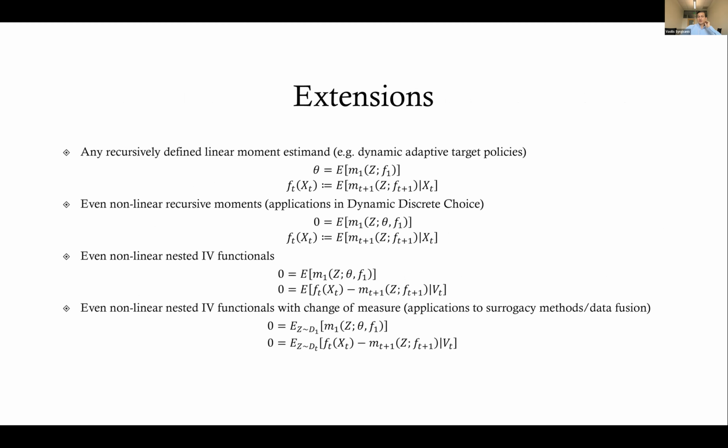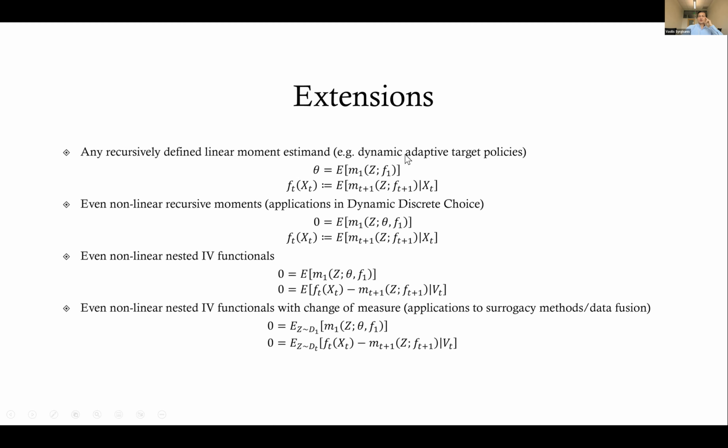We also have several extensions of this basic framework that grow in complexity. For instance, you don't need to have just this static dynamic treatment regime problem. Whenever you have any set of nested linear moment functionals, where the first moment depends on F1 and F1 depends on F2 and F2 depends on F3, whenever you have such nested moment sequences, you can apply our recursive automatic debiasing idea.